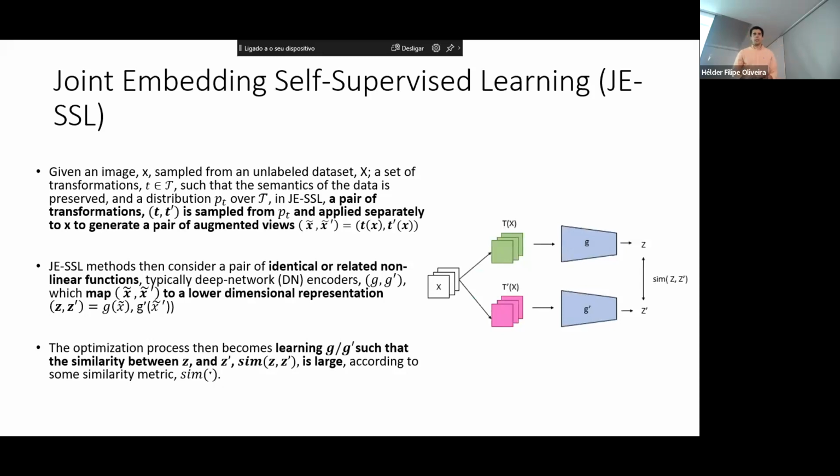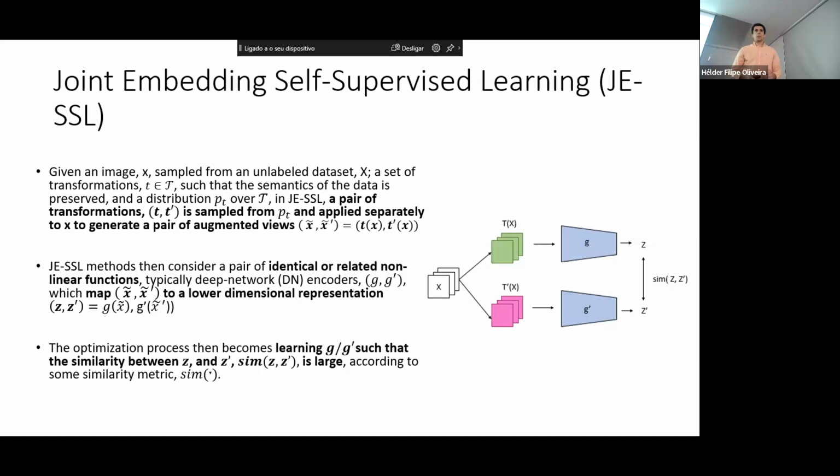So here, given an image from an unlabeled data set and a set of transformations, what we do is apply two different transformations to the same observation to generate a pair of augmented views.